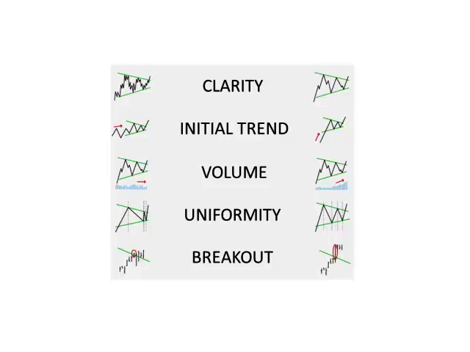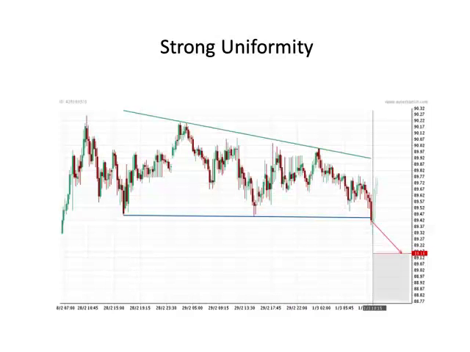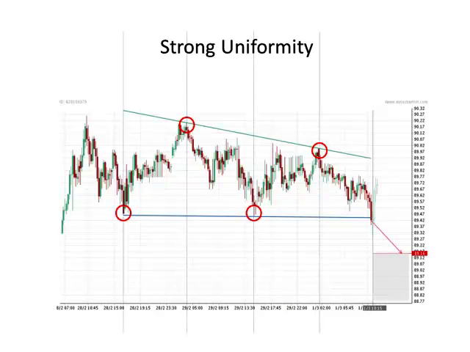Then we have uniformity. This is also an indicator that tells us whether a pattern will look aesthetically pleasing. If the points on a pattern where the price touches the support and resistance lines are evenly or uniformly spaced, then it suggests that the psychology in the minds of traders had time to have its effect on the market.